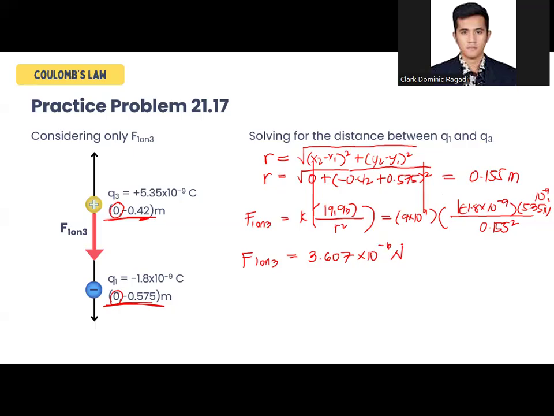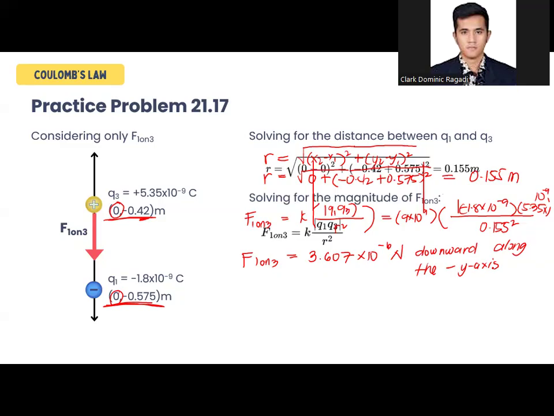So we can write the direction as downward along the negative y-axis. So that's the magnitude and direction of our F1 on 3.